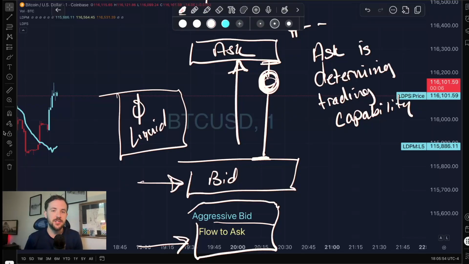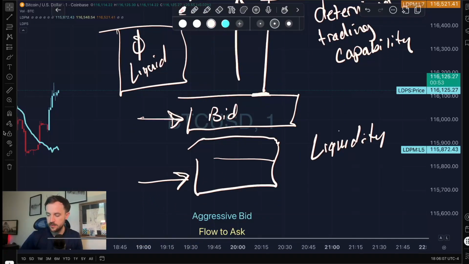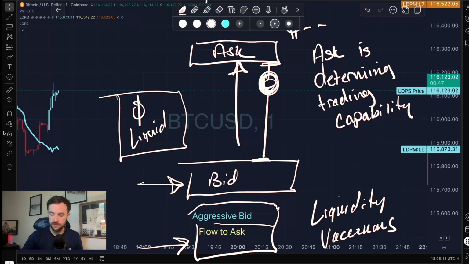One of the side effects of the aggressive parties that isn't present with the organic or even the eager, is that these guys tend to cause those liquidity vacuums. And that's simply because of this, right?